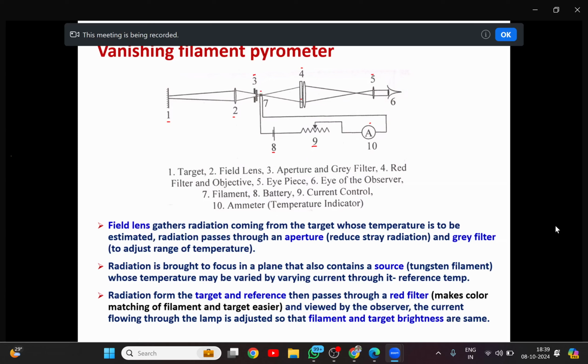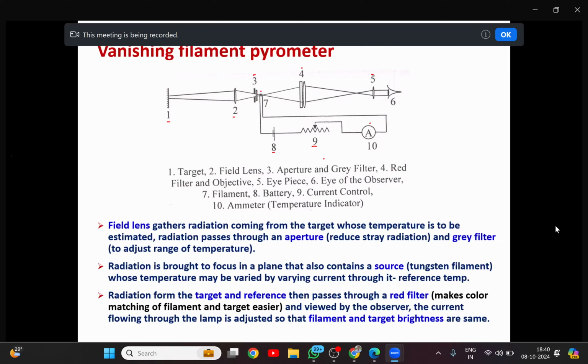The purpose of the red filter is that it would bring the radiation coming from this surface and this filament over the same wavelength range that is in the red region of the electromagnetic wavelength, so that you can really compare this filament with the surface.